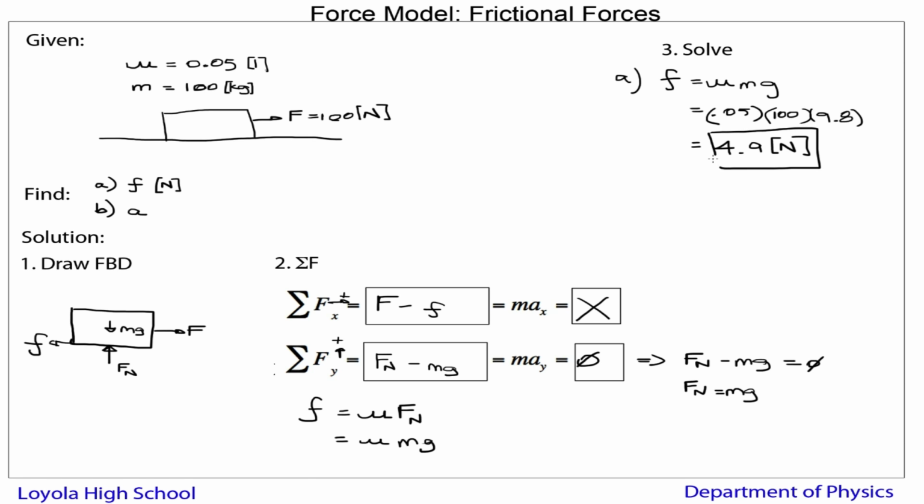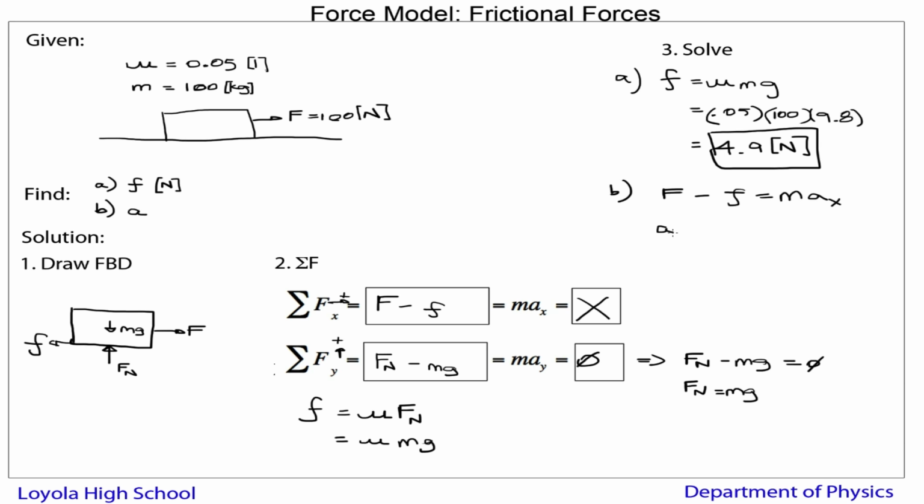Okay. Now, if this frictional force acts, what is the acceleration of the box? So if you look at the force equation in the x direction, I have capital F, the pulling force, minus this frictional force, which you just found, equals m a_x.